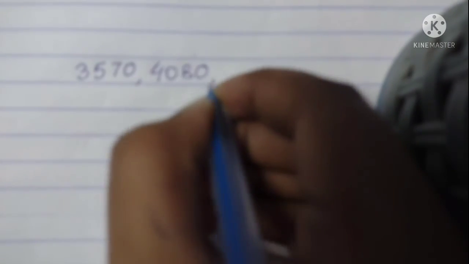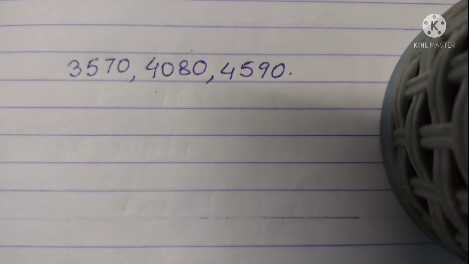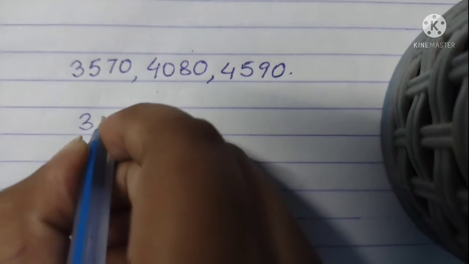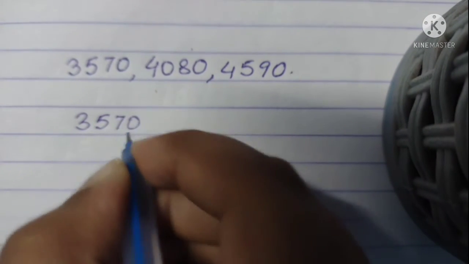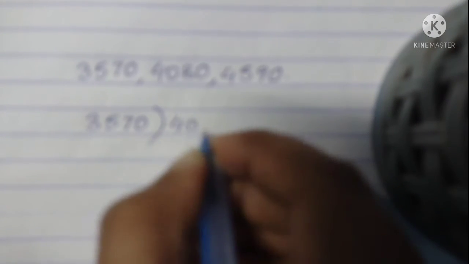First of all, let's write our numbers. These are our numbers. Now you can divide any two numbers first. I am dividing these two numbers. Obviously the smaller number will be the divisor and the greater one will be dividend.